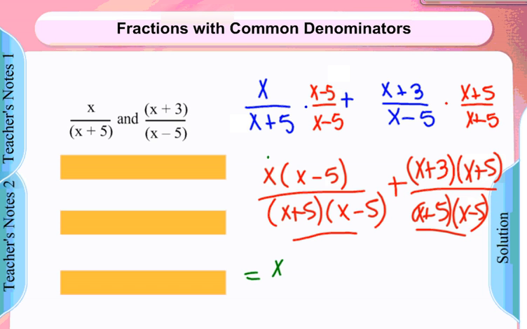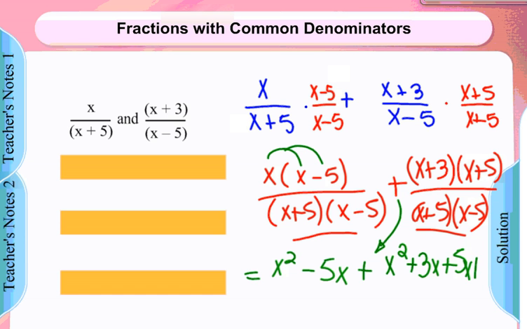So we can distribute our x to get x squared minus 5x. And then we have plus, from here, when we distribute those binomials we get x squared plus 3x plus 5x plus 15. And this is all over our common denominator of x plus 5 times x minus 5.